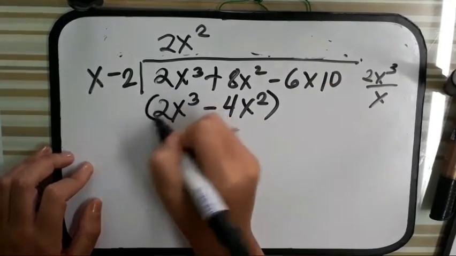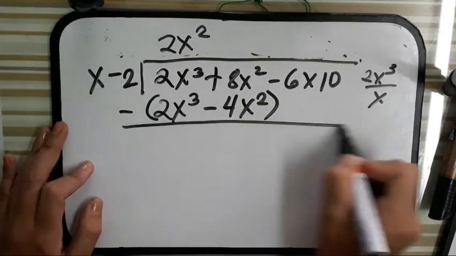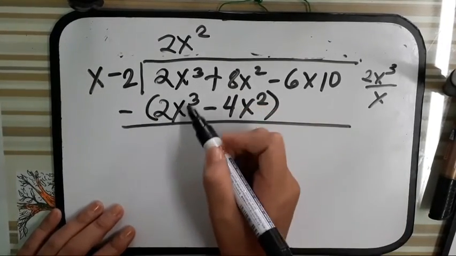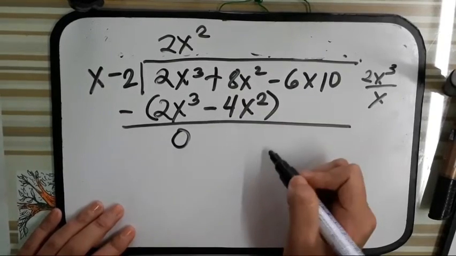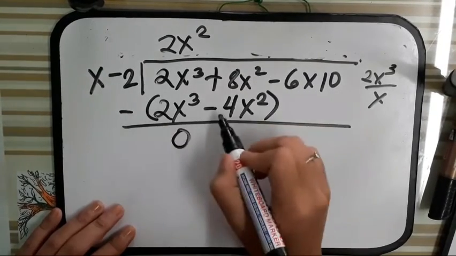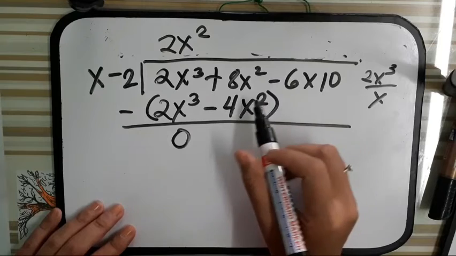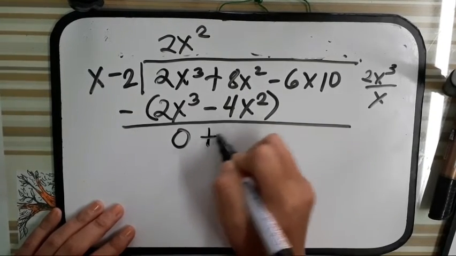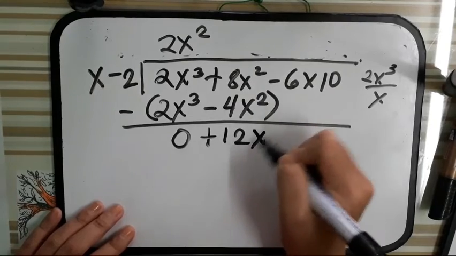Do not forget our parentheses and the subtraction sign. We subtract: 2x cubed minus 2x cubed is equal to 0. 8x squared minus negative 4x squared is the same as 8x squared plus 4x squared. That is equal to 12x squared.